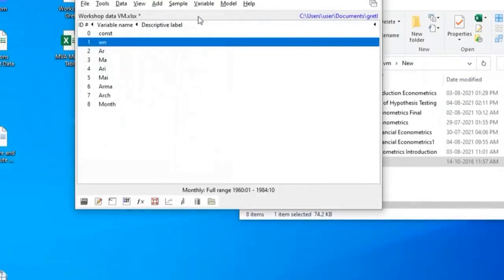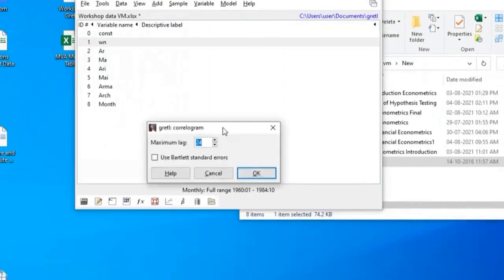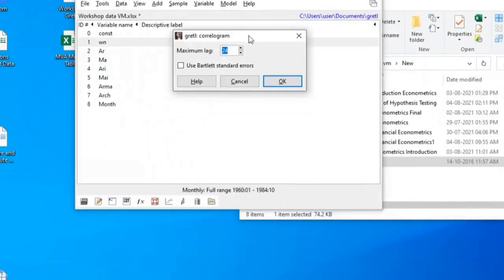Now to get the classical stationary feature, we go to the variable. Here we have correlogram. So we click this correlogram and we have to give the lag. By default, Gretl has taken 2 years, that is 24 lags for monthly data. Then we click OK.